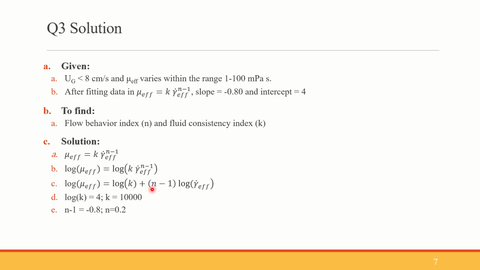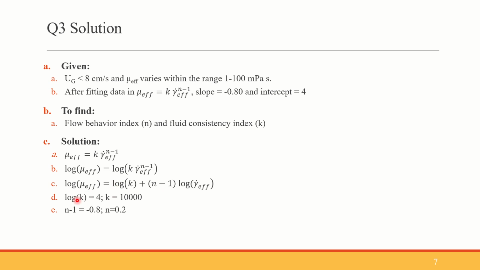Log of a into b is equal to log a plus log b, so it is log k plus log of gamma effective to the power of n minus 1, and again log a to the power of b is equal to b into log a. So we take n minus 1 to the front: n minus 1 into log of gamma effective.